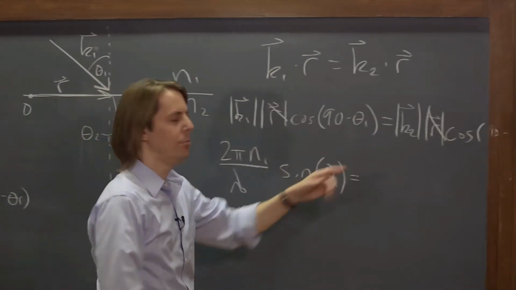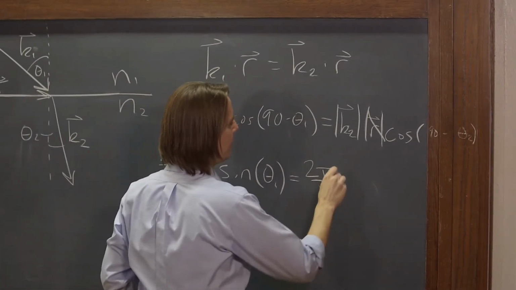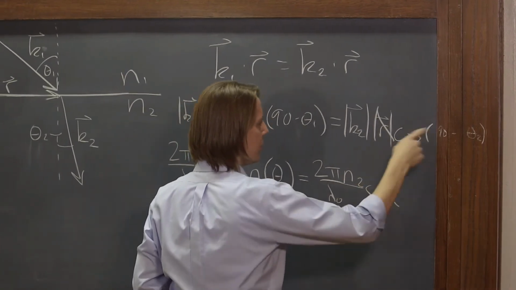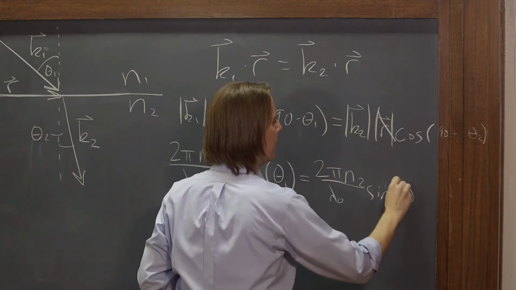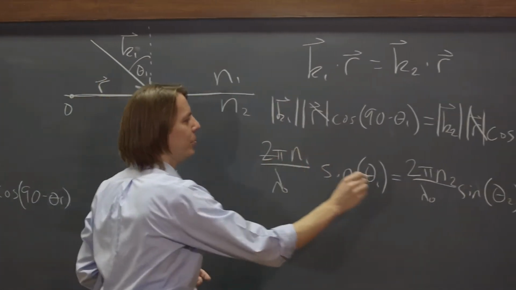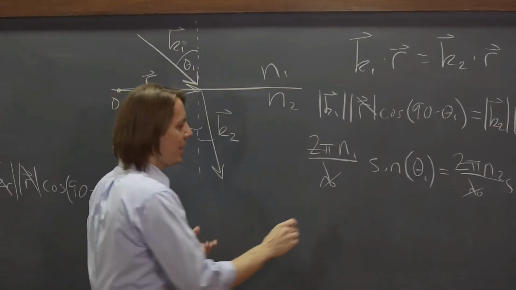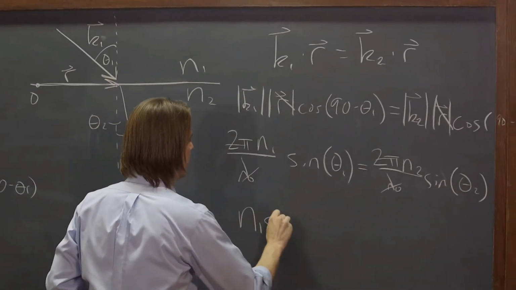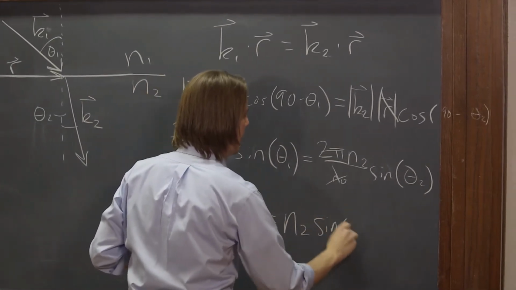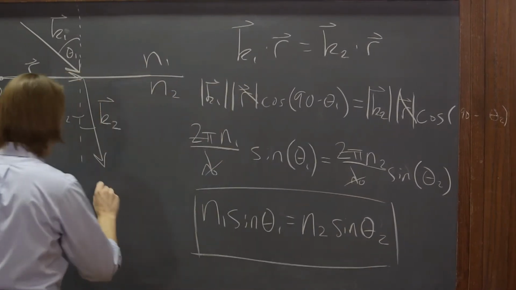And then this one would be 2 pi over the vacuum wavelength times N2 times the sine, because cosine of 90 minus theta 2 is the sine of theta 2. Now we have more stuff we can cancel. The 2 pi's we can cancel, lambda naught the same. And now we have N1 sine theta 1 equals N2 sine theta 2. And this is Snell's law.